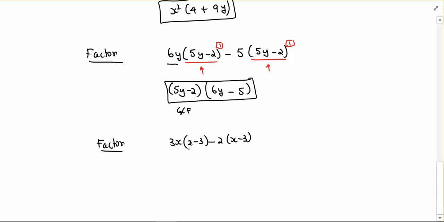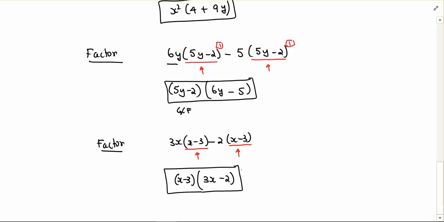No. Is there an x minus 3 in common? And yes, there is. So the GCF is x minus 3. And then what remains when you remove that x minus 3 would be a 3x minus 2. That's it. Again, if you were to multiply this, you would end up with the expression above in both cases.